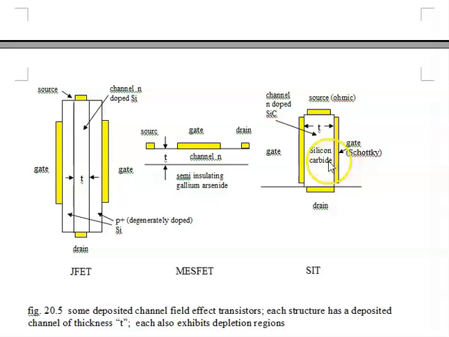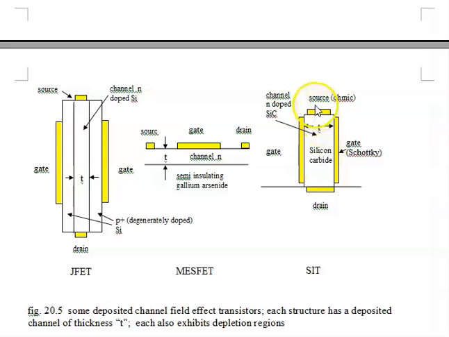Generally, we'll use something called silicon carbide, which has an extremely high melting temperature of probably, I think, 1600 or 1700 degrees Celsius, whereas for gallium arsenide, the melting temperature, I believe, is in the range of 600. So this is about 1,000 degrees tougher than gallium arsenide.